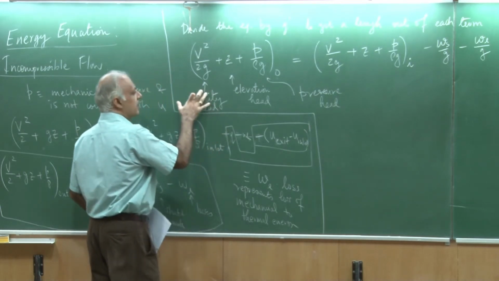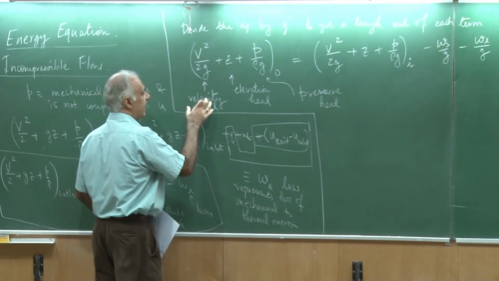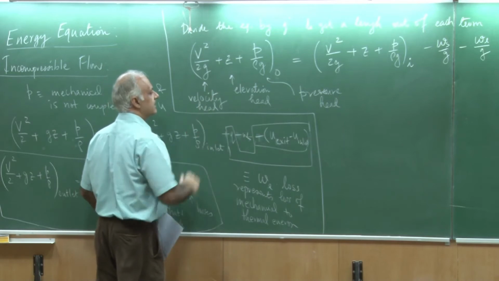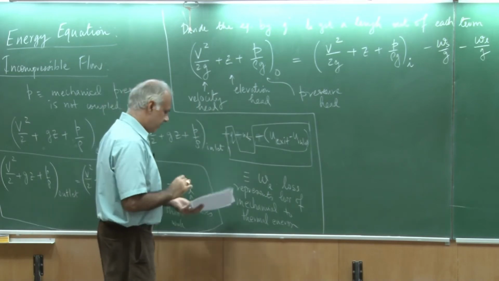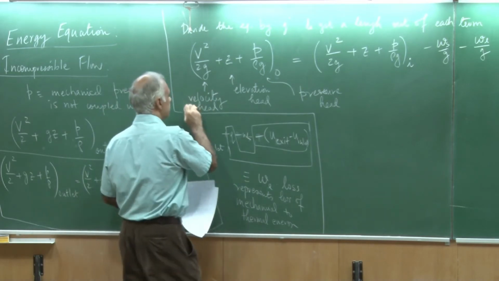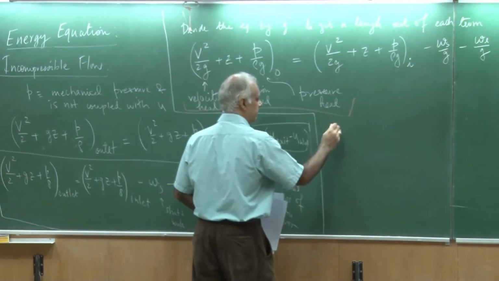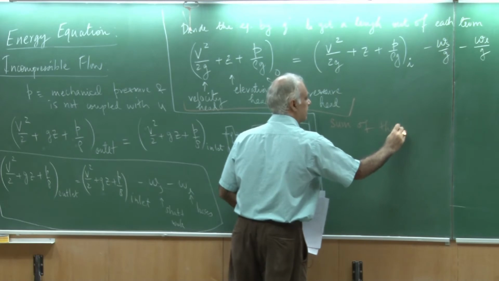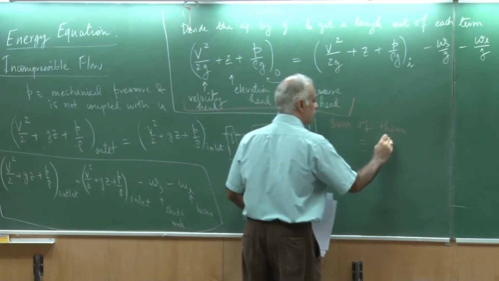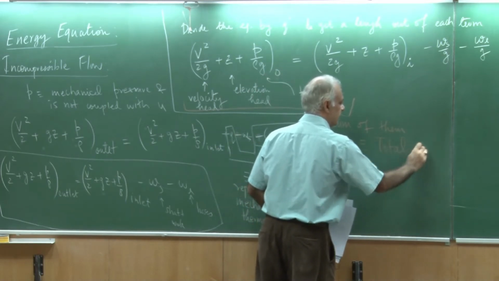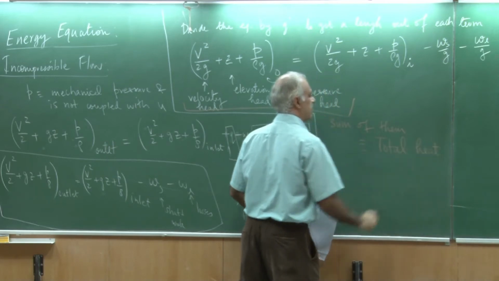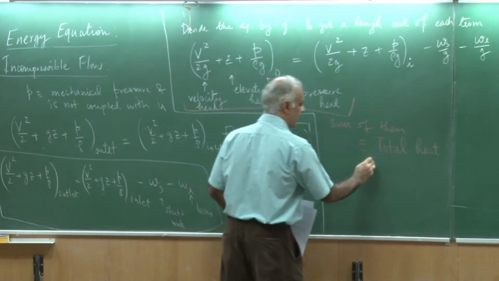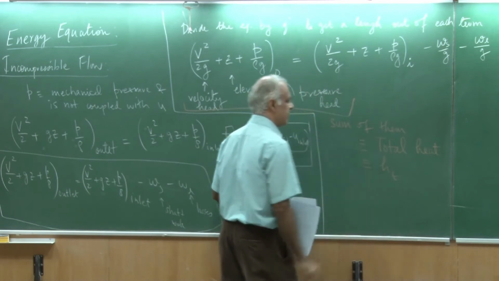So, at the outlet and at the inlet, I have these three heads put together, and if I combine all of them, the sum of them corresponds to the total head, which I actually refer to as HT.